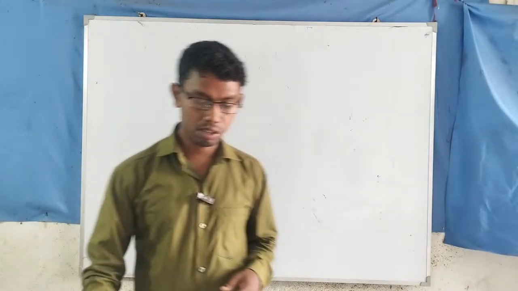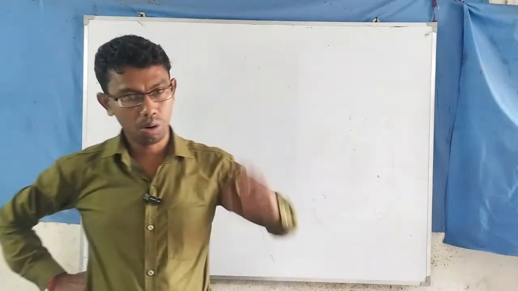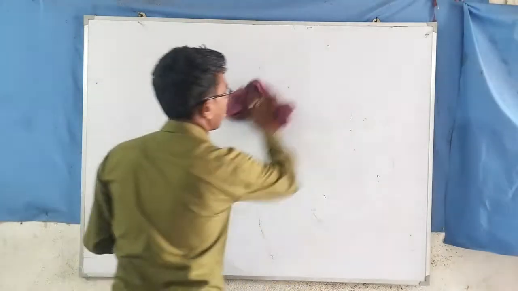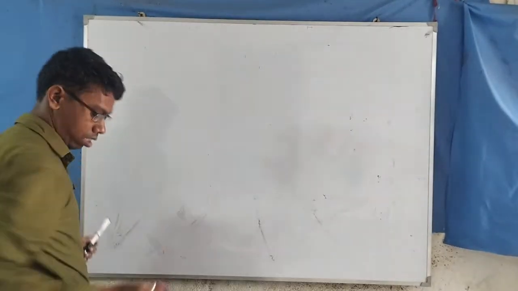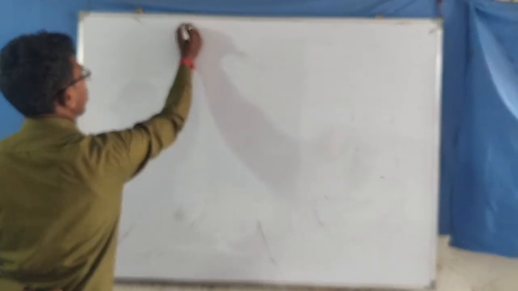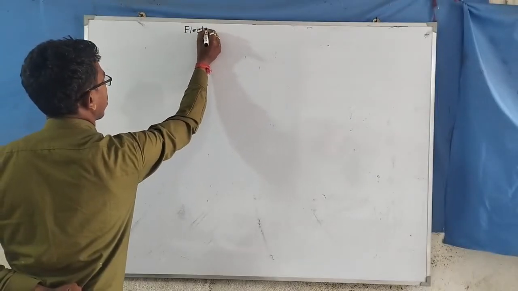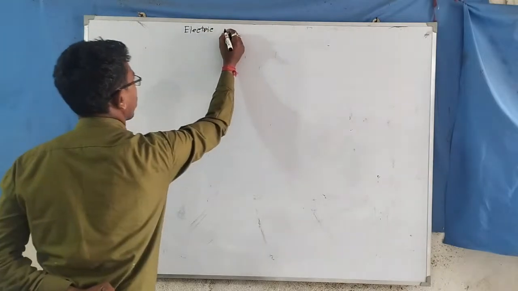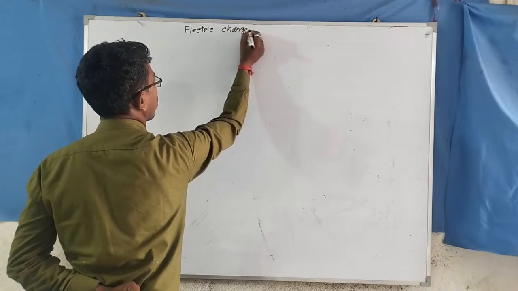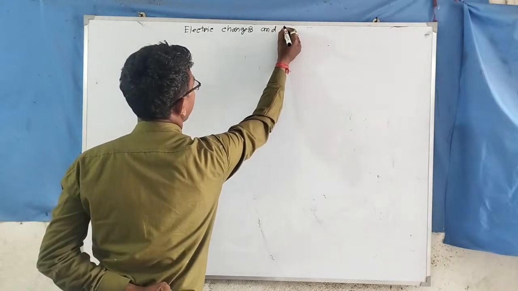So today's lecture is the vector form of Coulomb's law. This is the second video. The chapter is electric charges and field.